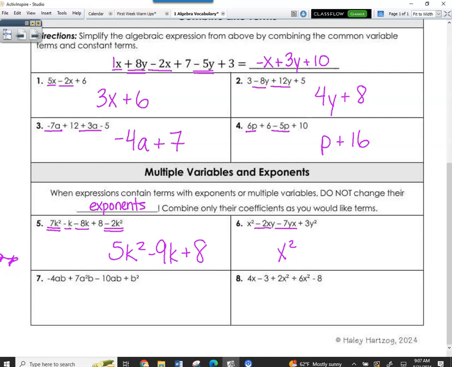All you gotta do is shuffle the order to match. I personally like to write it in alphabetical order, so mine would be negative 9xy. And then at the end, we're going to bring that down because we don't have anything to go with it. You try 7 and 8, and then we're going to put the answers on the board.